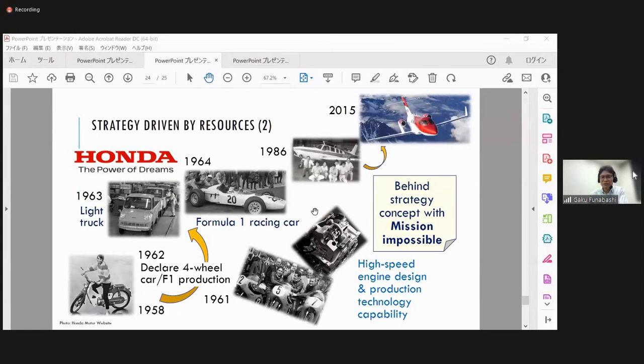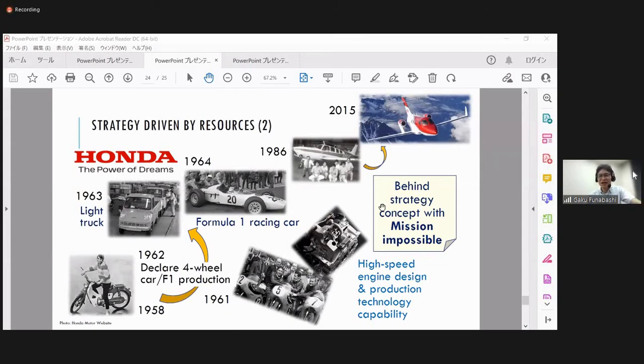So Mr. Honda made a strategy to transform their business of producing the motorcycle to producing car and the Formula One racing car. This was a strategy for the transformation of businesses for them.